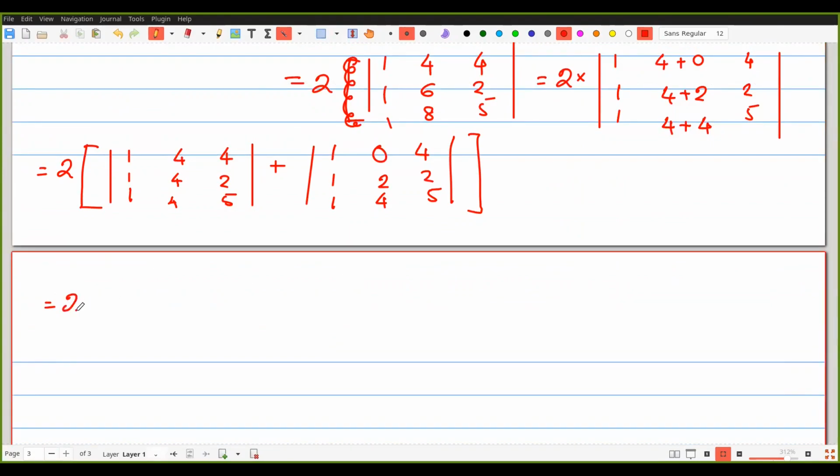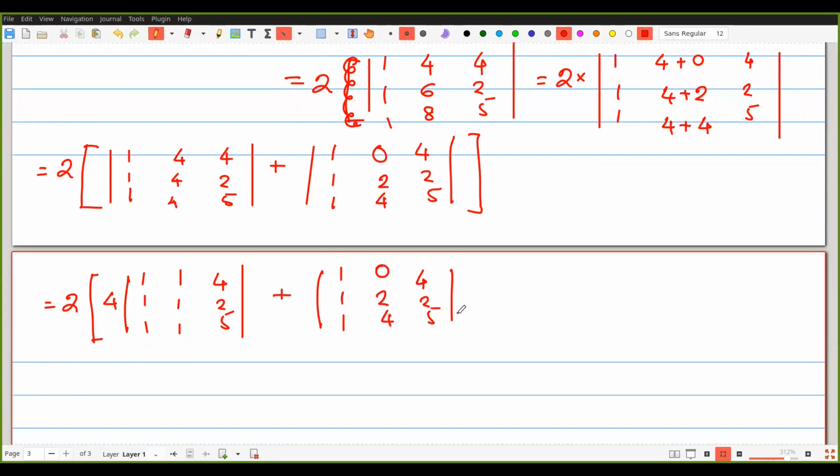So we can write the very first one 4 into 1, 1, 1, 1, 1, 1, 4, 2, 5. Okay. Plus 1, 1, 1, 0, 2, 4, 4, 2, 5. Once again, these have the same value, that is 0, because all have. So the determinant is now 1, 1, 1, 0, 2, 4, 4, 2, 5.